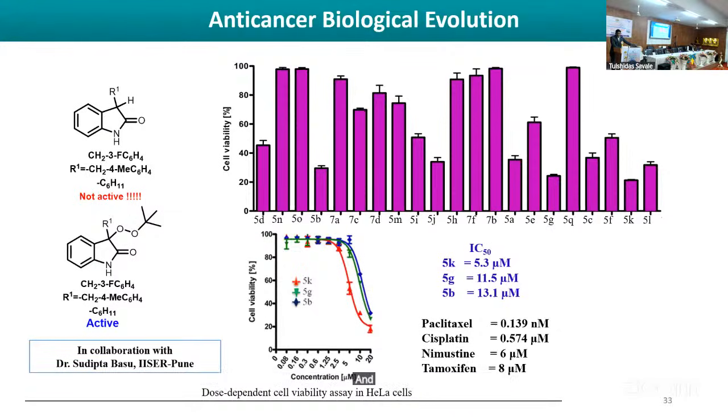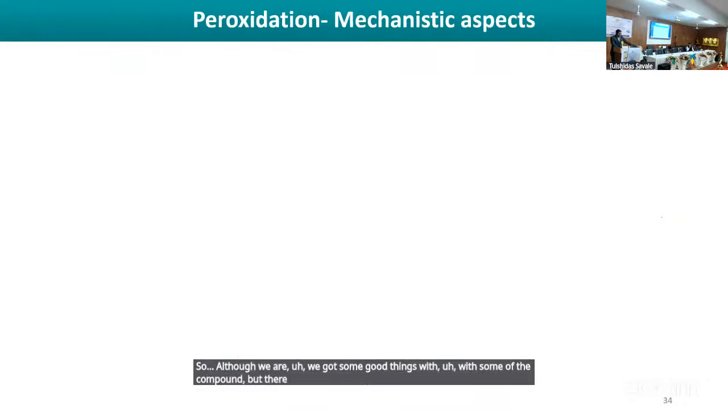And at the bottom, we have shown the control, already available drugs in the market. Although we got some good results with some of the compounds, the efficiency or efficacy of the drugs still needs to be higher.